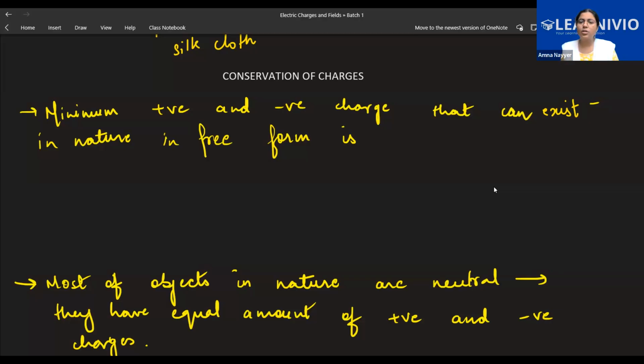Similarly, in conservation of charges, charges won't be created anywhere and won't be destroyed. It's just that from one atom to another atom, the charges will be transferred. And this transfer of charges we have to see.